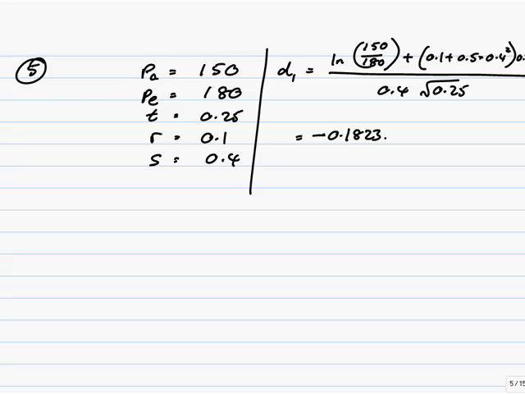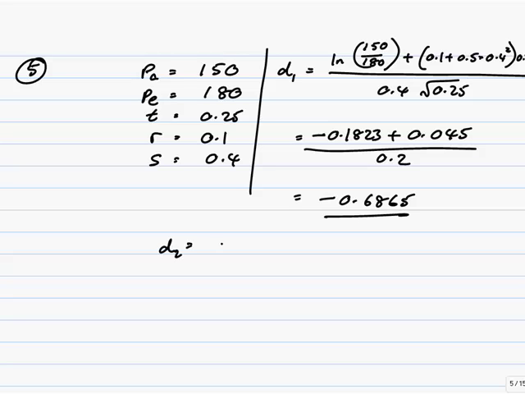So it's minus 0.1823 plus, well, if I do the n first, 0.4 squared times 0.5 plus 0.1 times 0.25 is plus 0.045. Divided by, well, 0.25 square rooted is 0.5 times 0.4 is 0.2. So minus 0.1823 plus 0.045 divided by 0.2. It comes to minus 0.6865.